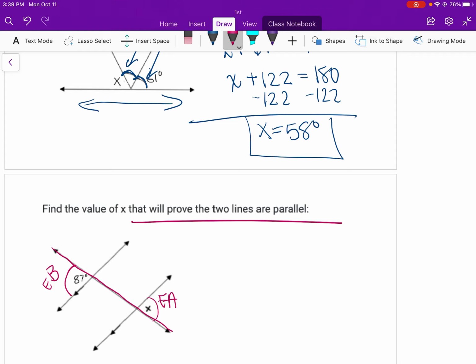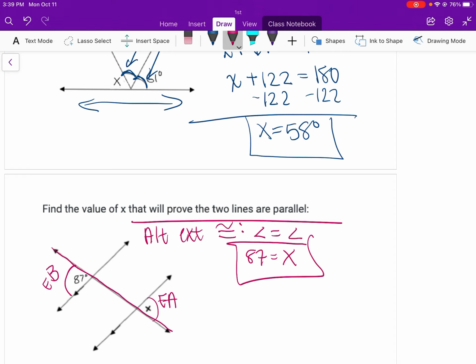So if that's the case, what I'm going to say is they are alternate exterior, which means they're congruent. So if they're congruent, my formula is just angle equals angle. So 87 is equal to x. Simple as that.